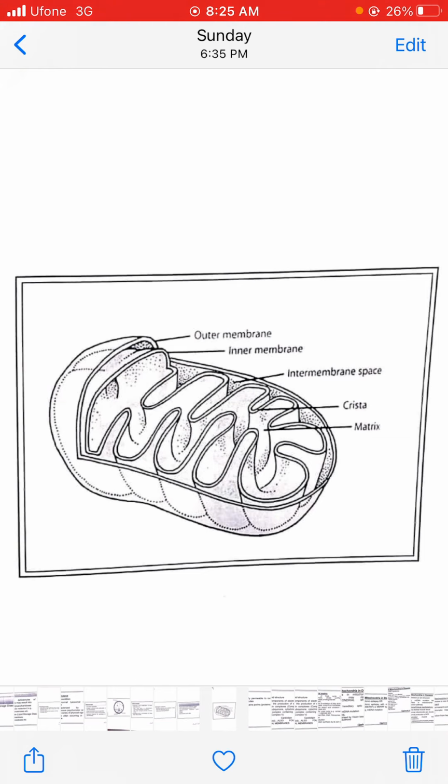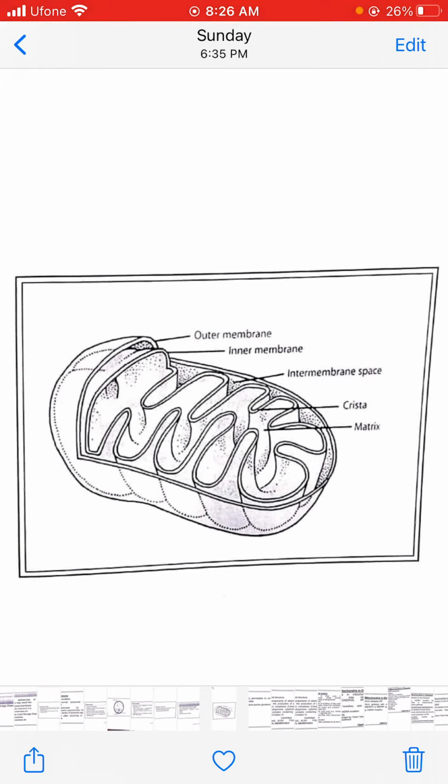The matrix contains a lot of enzymes which are important for the metabolism of different biomolecules. The intermembrane space and the outer membrane allow different molecules to pass through, and energy metabolism like the electron transport chain takes place in the mitochondria as well.